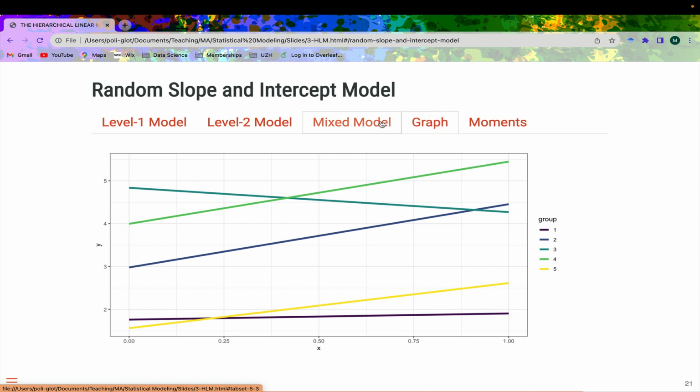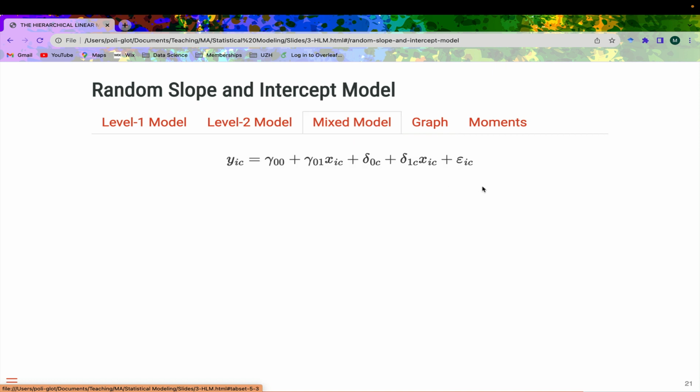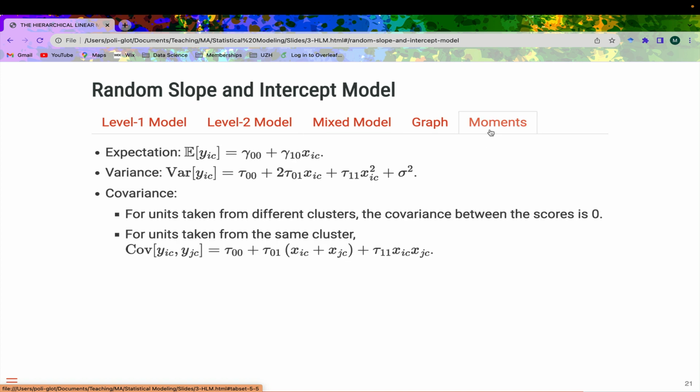Now, there are many things that we can look at here. Because if we look at this mixed model, we see that there's a fairly complicated error term at the end. We can also think about what that implies for various moments. So we could start by looking at the average score of Y_ic.